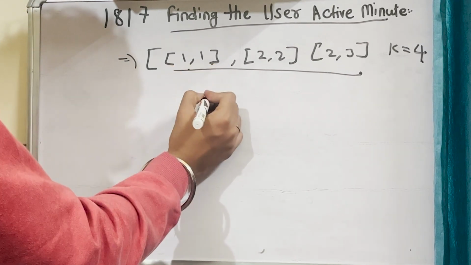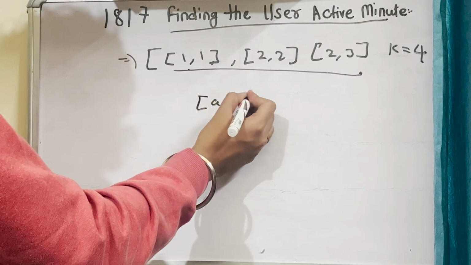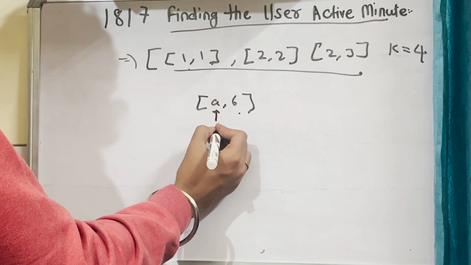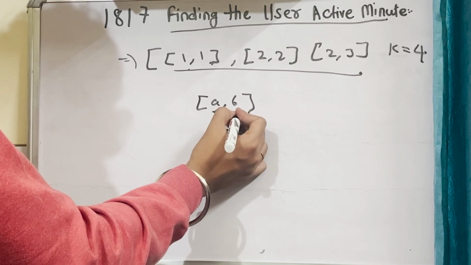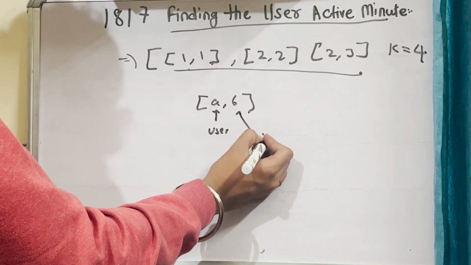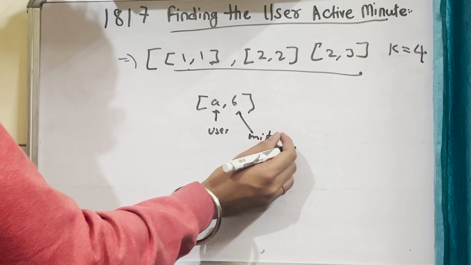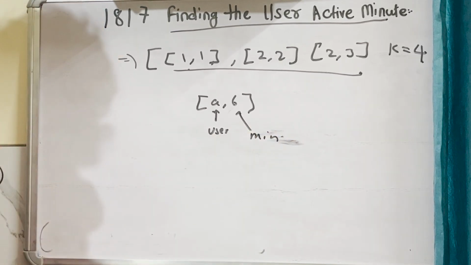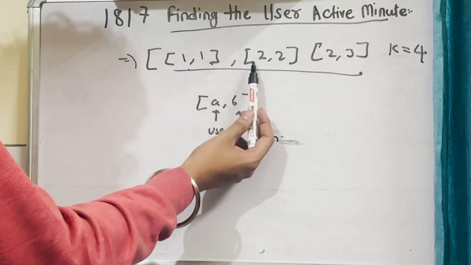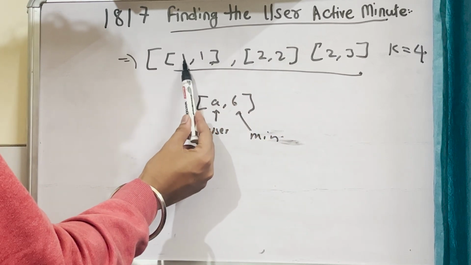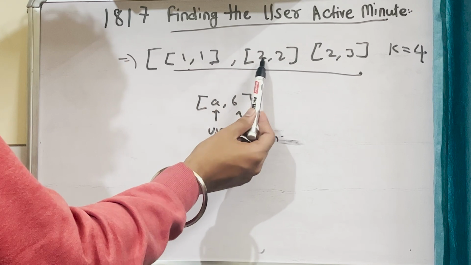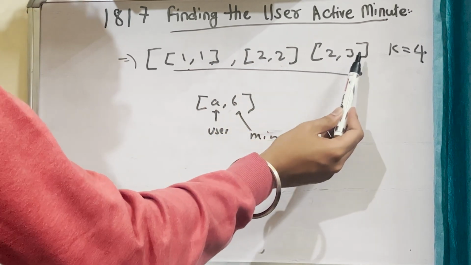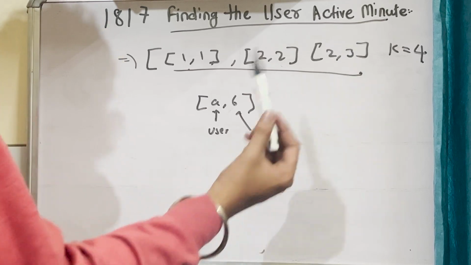It can be generalized into a, b, where a is the user id of the user and b is the minute in which he is using the application. For example, we have user 1 and user 2. User 1 is active on minute 1, user 2 is active on minute 2, and user 2 is active at minute 3 also.